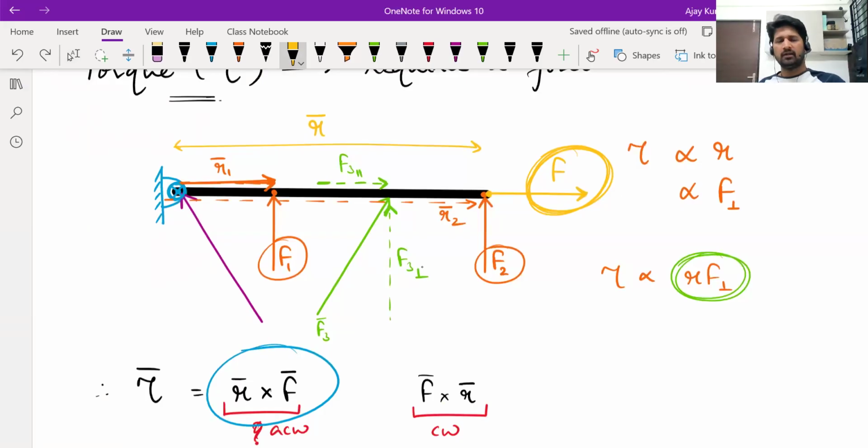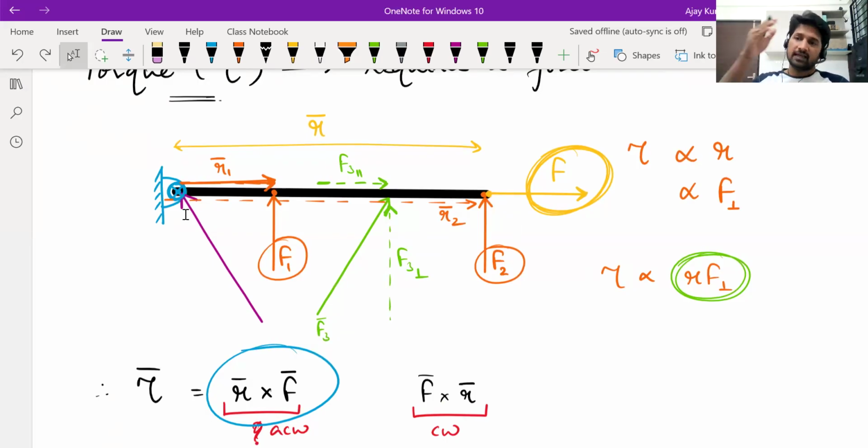So remember this point. If the line of action of a force intersects an axis, it can never produce torque about that axis. Impossible. Because if the line of action of force cuts the axis, it means the axis and the line of action of the force are in the same plane.